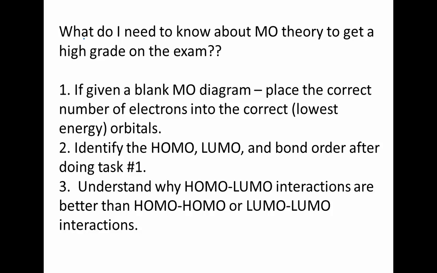And understand why the HOMO-LUMO interactions are better than the HOMO-HOMO or LUMO-LUMO interactions. You should gravitate to the HOMO and LUMO interactions as to whether the reaction is going to be allowable or not. All right.